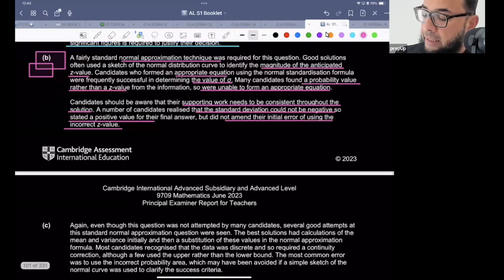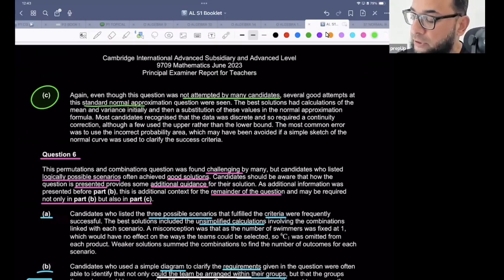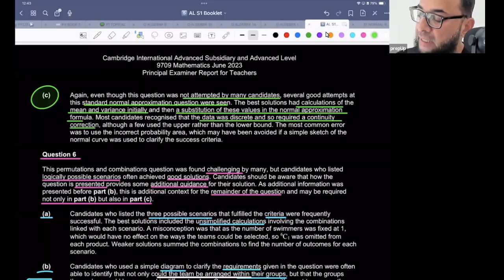Okay, now this one. It says, again, even though this question was not attempted by many candidates, very strange, several good attempts at the standard normal approximation question were seen. The best solutions had calculations of the mean and variance initially, then a substitution of these values in the normal approximation formula. Many candidates recognized that the data was discrete, so required continuity correction, although few used the upper rather than the lower bound.